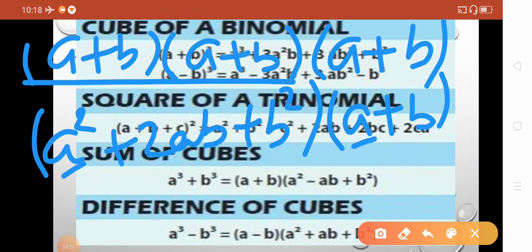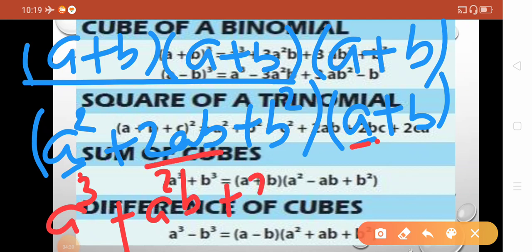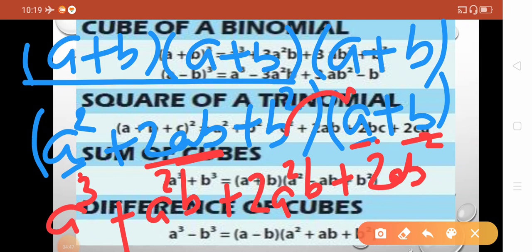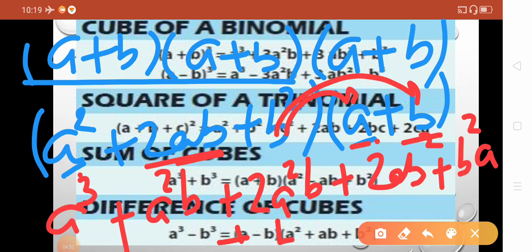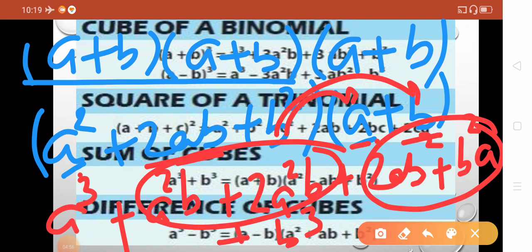So a square multiplied by a gives a cube, 2ab multiplied by a gives 2a square b, a square multiplied by b gives a square b, 2ab multiplied by b gives 2ab square, b square multiplied by a gives ab square, and b square multiplied by b gives b cube. So this will become 3a square b, and this will become 3ab square. So the formula is a cube plus 3a square b plus 3ab square plus b cube.